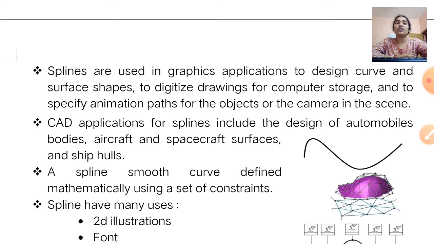First, to design curve and surface shapes; then to digitize drawings for computer storage; and to specify animation paths for objects or the camera in the scene. All these are possible using splines, so splines are used in computer graphics applications.